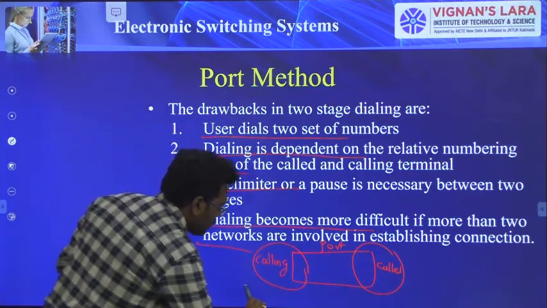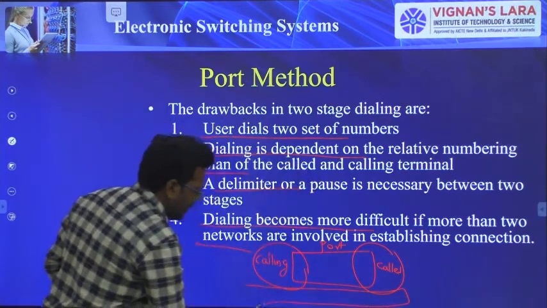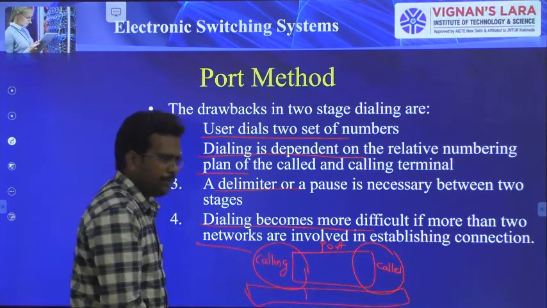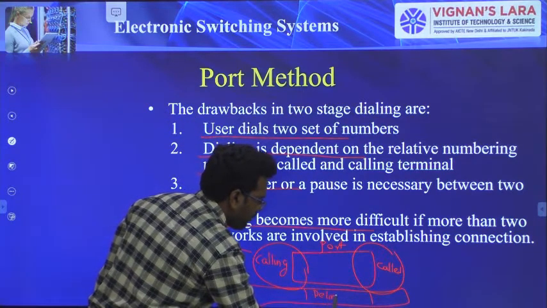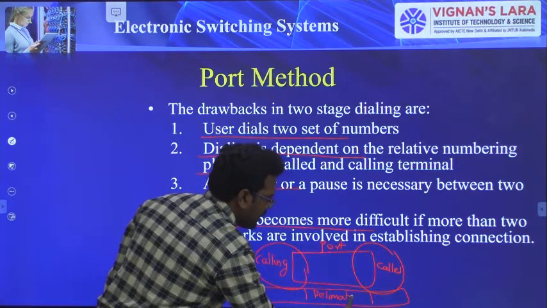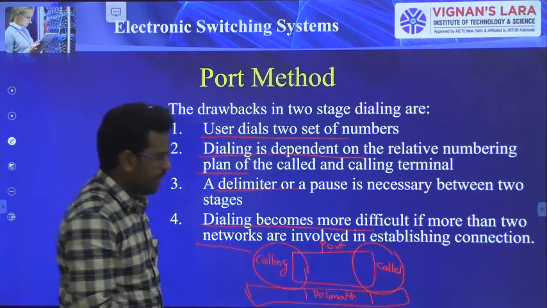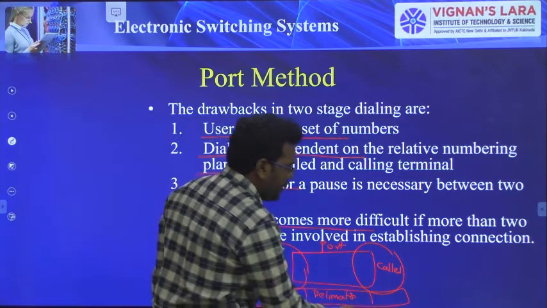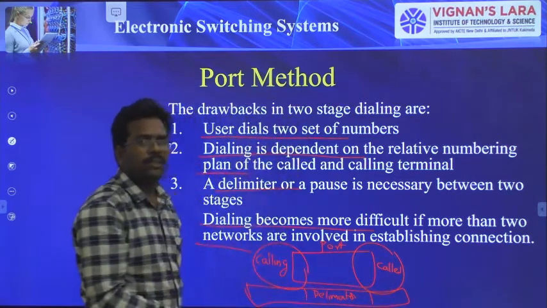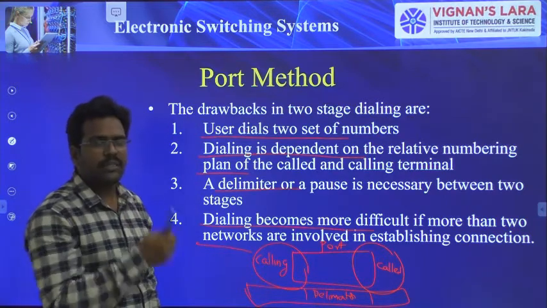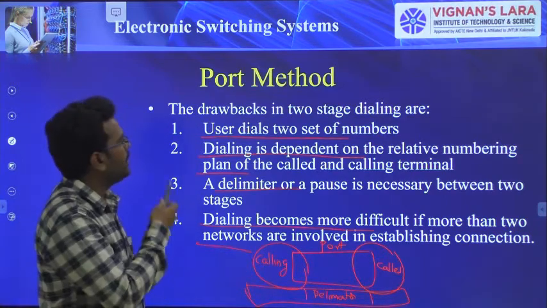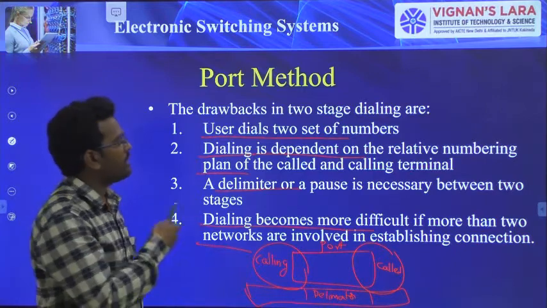First we have to dial the numbering scheme according to this network. Then you have to use a delimiter, which is nothing but a pause. After that, you have to use the numbering scheme for the destination network. This is the way you have to dial the numbers in the case of interworking. This is the first method.